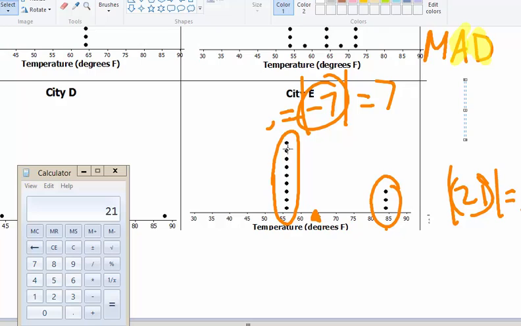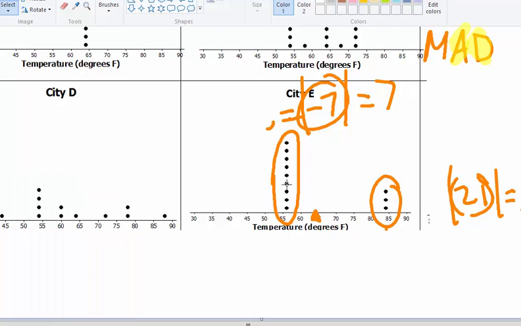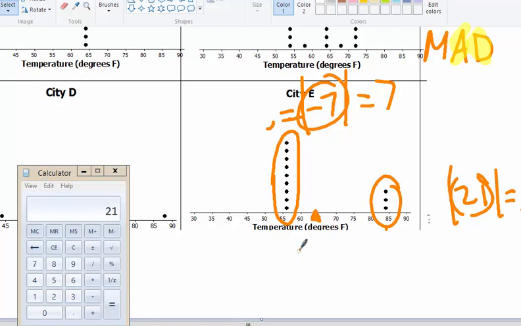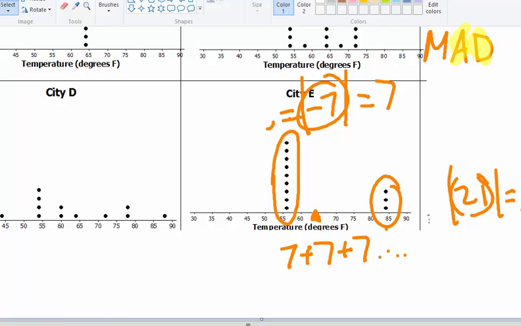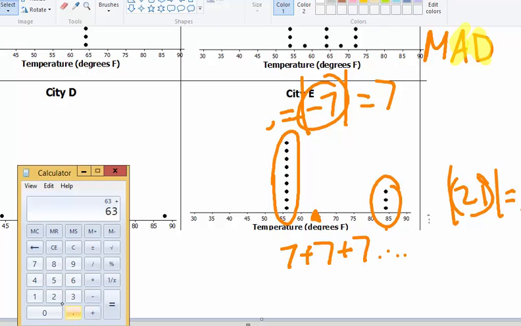So now what I do is I add them up. There's 1, 2, 3, 4, 5, 6, 7, 8, 9. So there's 9 sevens. So that means 7 plus 7 plus 7, 9 times. Or I can use multiplication, because 7 times 9 is 63. And then I can add 21 how many times? 3 times.